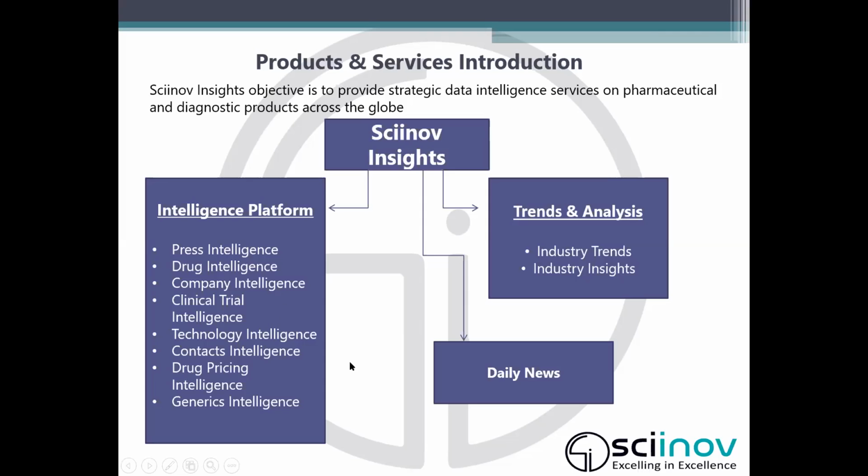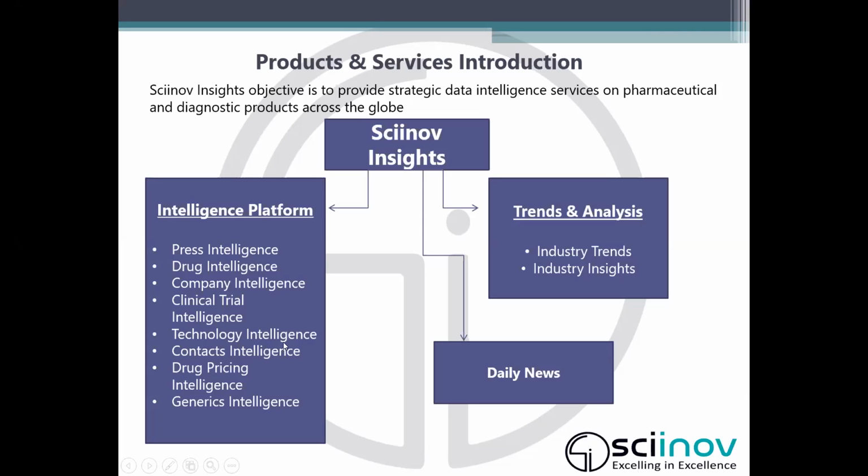I'll just show you the database once this presentation is quickly over. And also we have clinical trials intelligence. So we capture more than 1,20,000 clinical trials, mostly United States, but we have started coverage for the EU and other geographies as well.